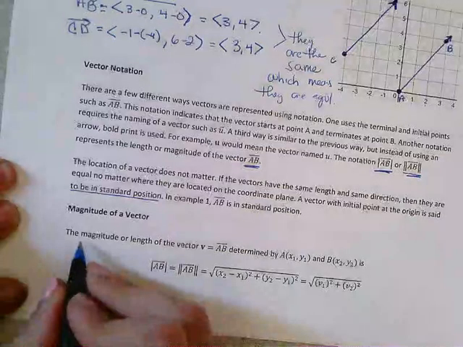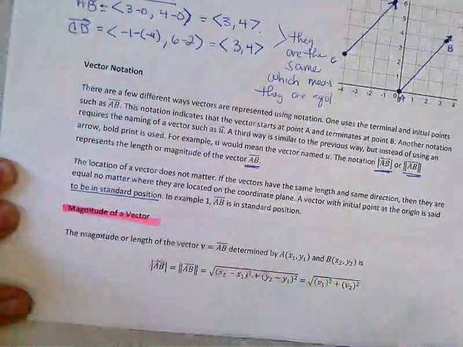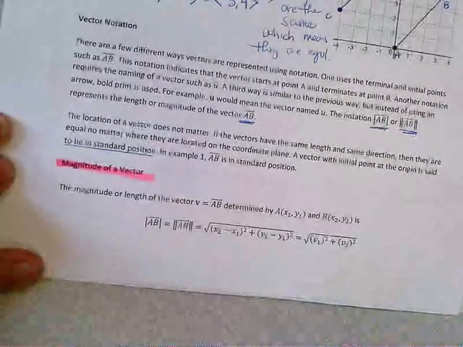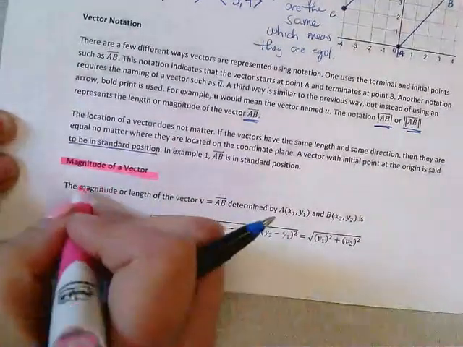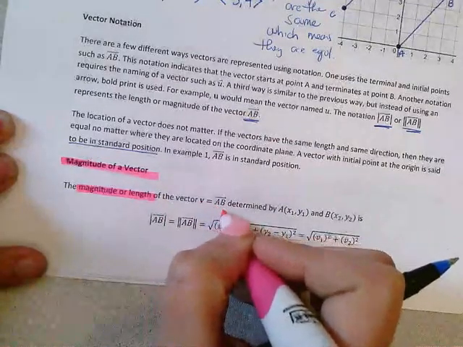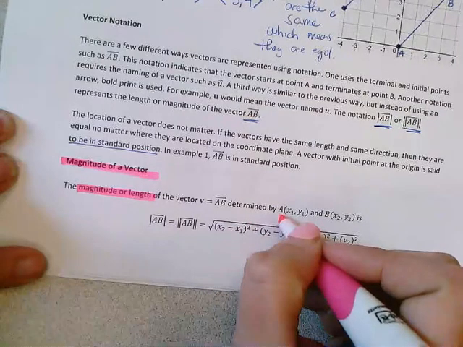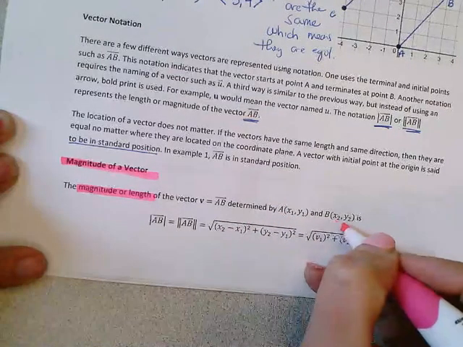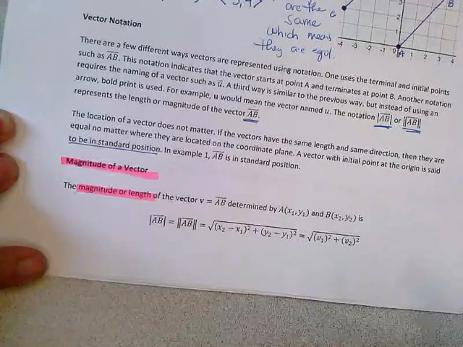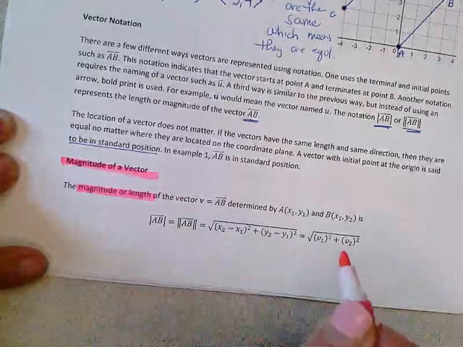Okay? So the magnitude of a vector. How do we find the magnitude of a vector? The magnitude, or the length, of the vector AB is determined by A, the initial, and the terminal end of the vector. This is the notation for magnitude, so you can write it either way.